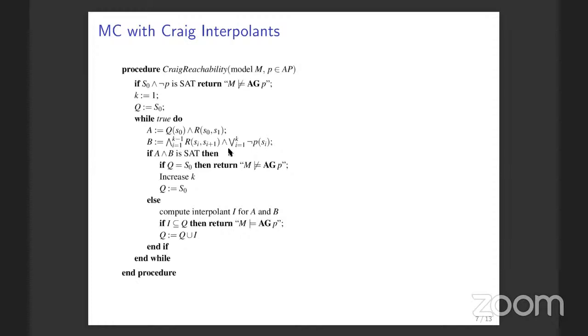Therefore, when you go further from K to say another K steps, if you get an error, that is if A and B is satisfiable, that is not a true error. So you can't conclude that it is a true error. That's why there is this check if Q is equal to S naught, since there can be some unreachable states in that thing.